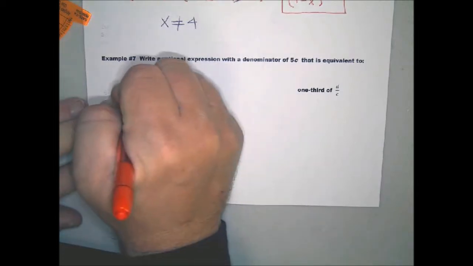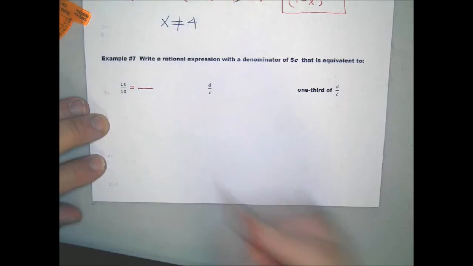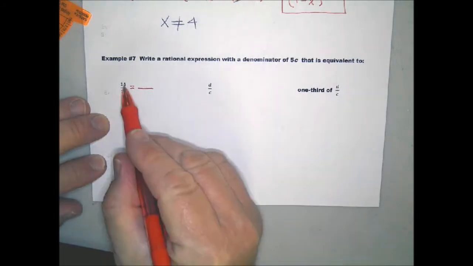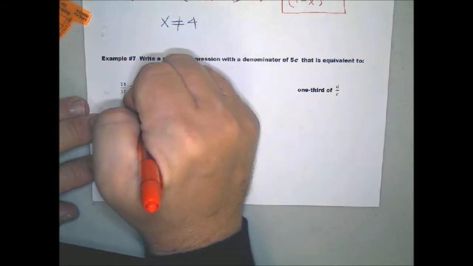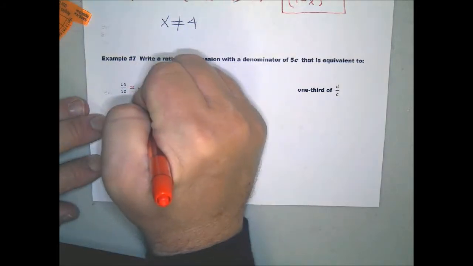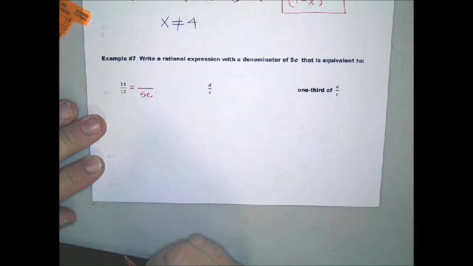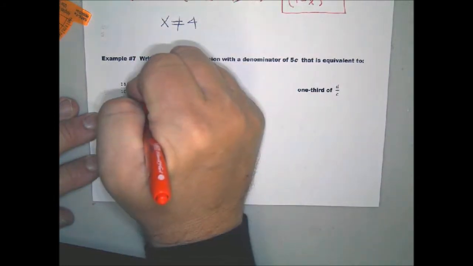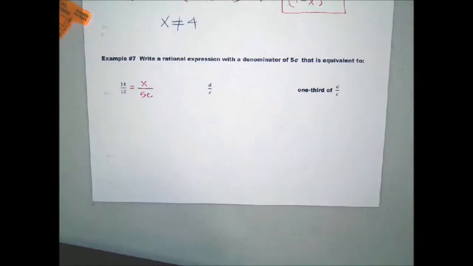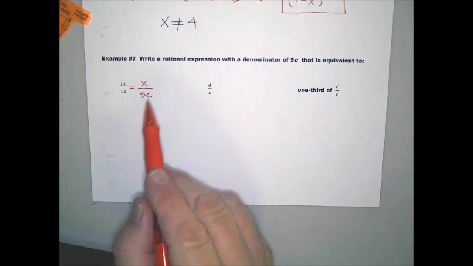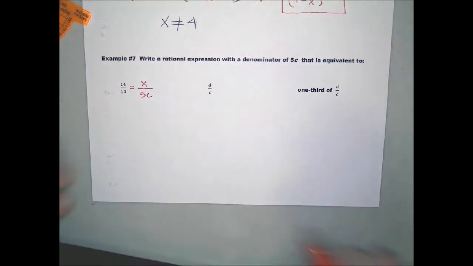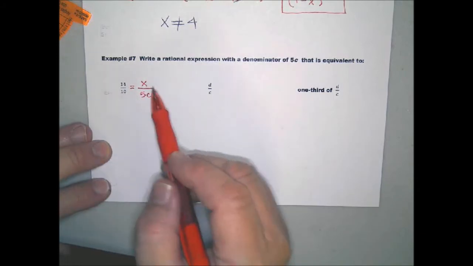So what we're going to do is say, what is 14 over 10 rewritten as if it had to have 5c as its denominator? My only missing value is, what would the numerator be if 5c had to be in the denominator? So this is the way I'm going to set it up, and I'm going to cross multiply.